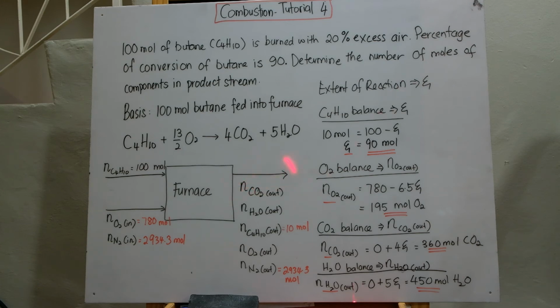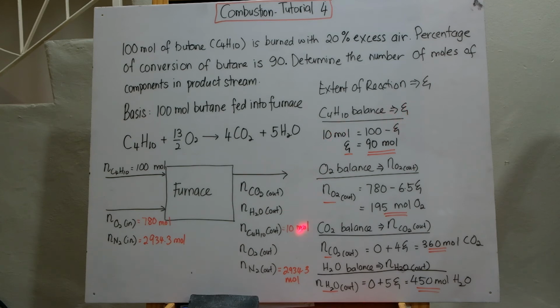To find the unknowns at the product line, I would like to use the extent of reaction method, because I have enough information to get the extent of reaction. To use it, we have to find the xi, or extent of reaction value. So I'll use the butane balance to get the xi value.